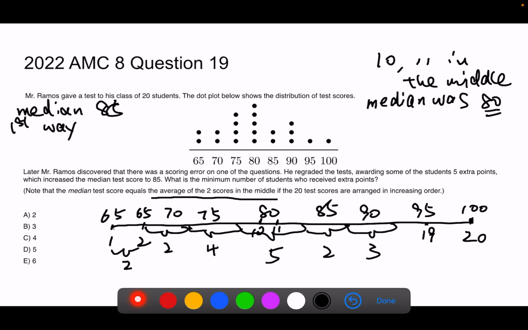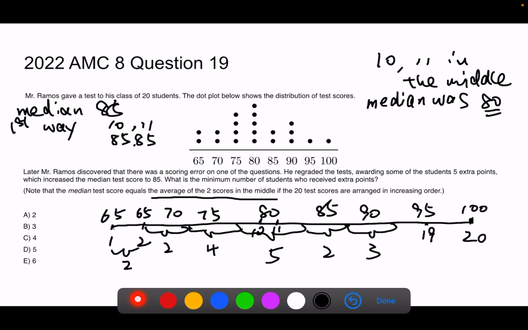is the 10th and 11th are both 85. So 10th, 11th: 85, 85. In that sense, the average of them is also 85. Now, how can we make that happen? To make that happen, you can move some of the 80s to 85.